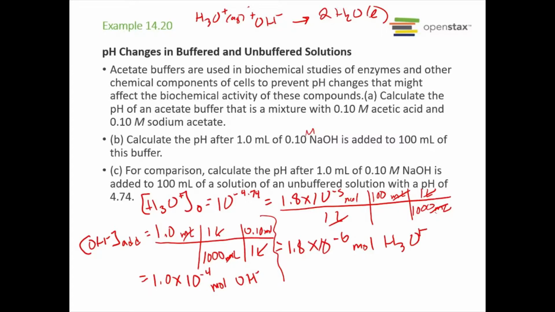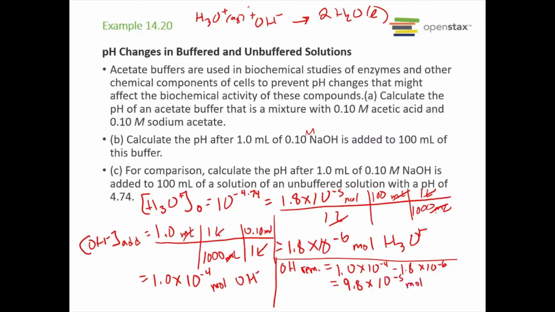So the amount of hydroxide remaining, since it's 1-to-1, is going to equal 1.0 times 10 to the negative fourth minus 1.8 times 10 to the negative 6, because we're using up all of the hydronium, and so the amount of hydronium reacted is going to equal the amount of hydroxide that we reacted. And so that is equal to 9.8 times 10 to the negative fifth moles of OH minus.